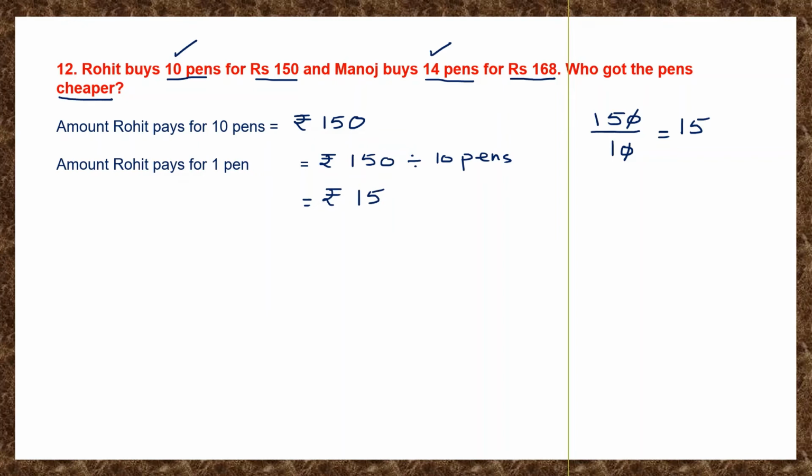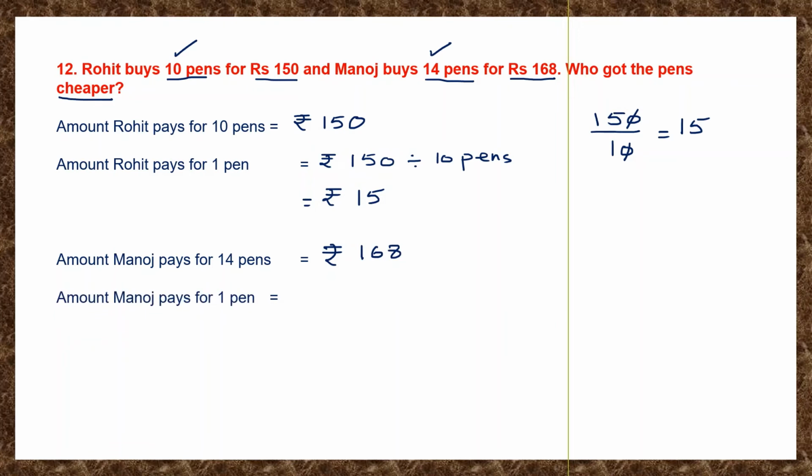Now let's find out how much Manoj paid. Amount Manoj pays for 14 pens is 168 rupees. Now let's find out how much he paid for 1 pen. That will be 168 rupees divided by, he bought 14 pens. So divided by 14.